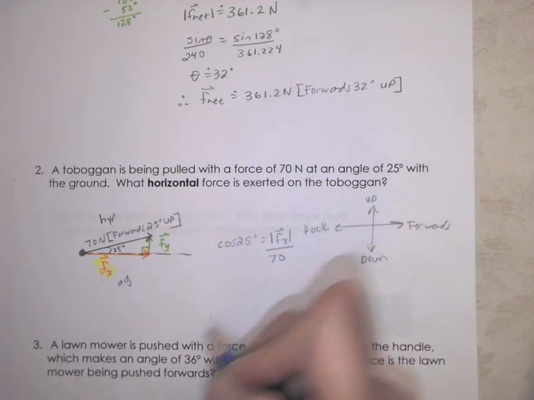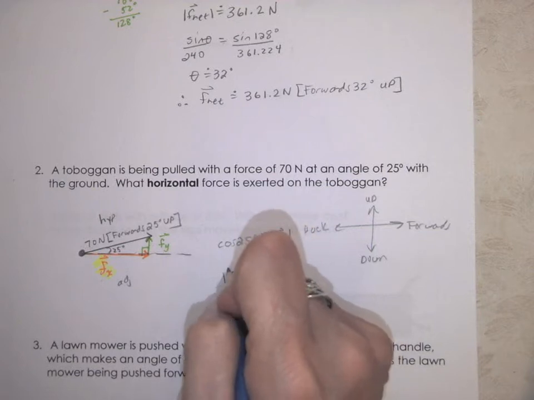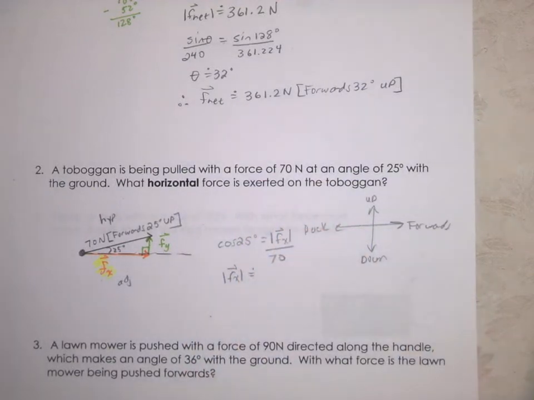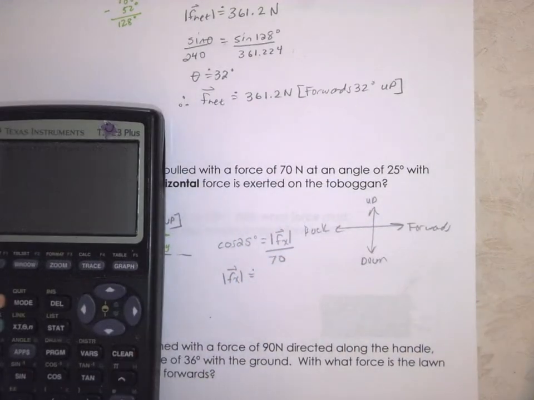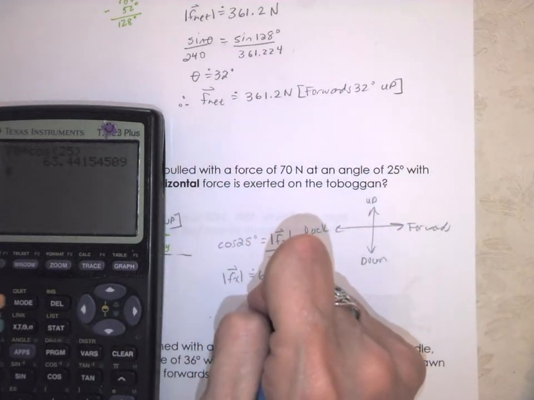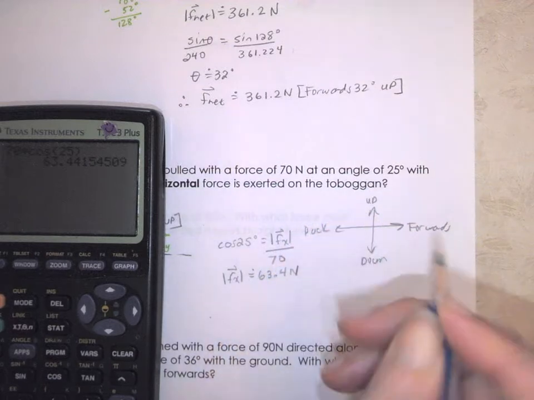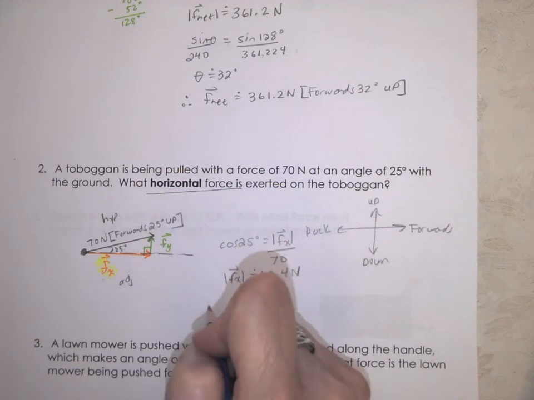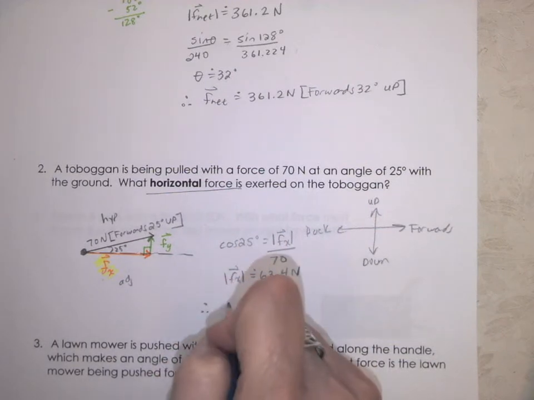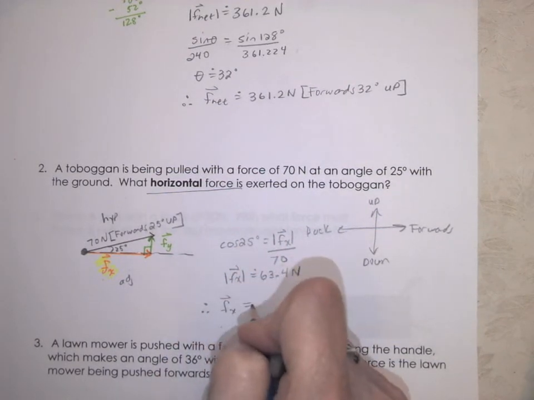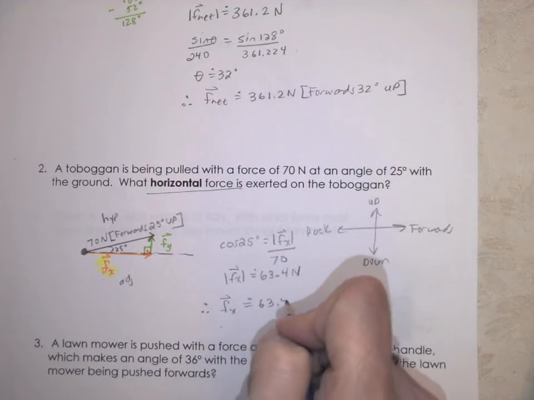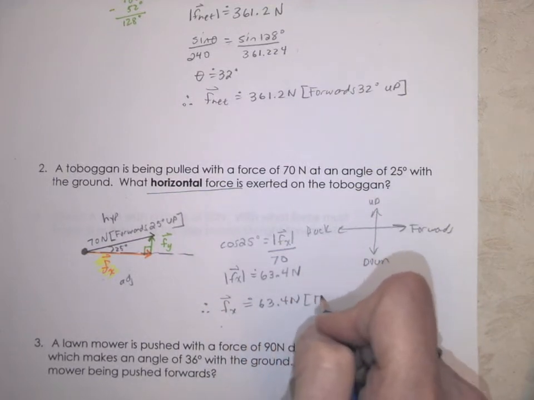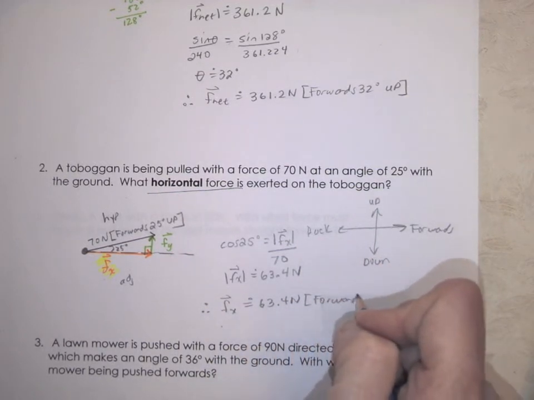So if we multiply both sides by 70, the magnitude of the horizontal force is going to be 70 times the cosine of 25, or approximately 63.4 newtons. But it wants the horizontal force, and force is a vector, so therefore Fx is approximately 63.4 newtons, and we need a direction, and our direction is forwards.